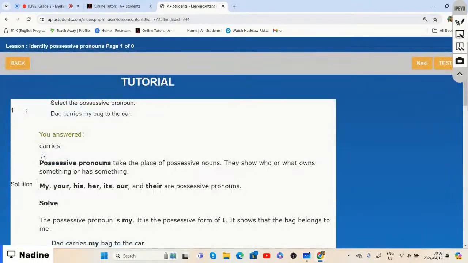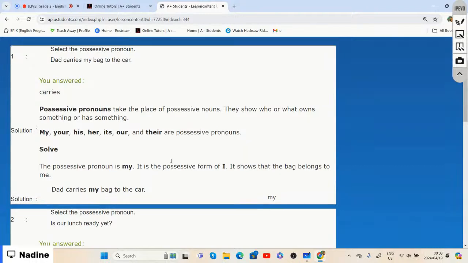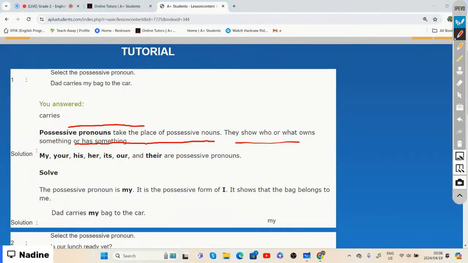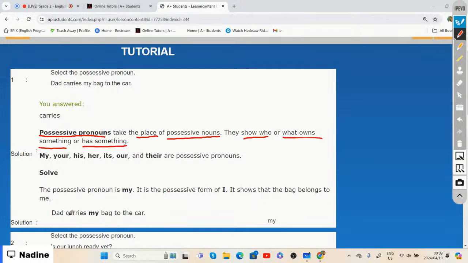So we're going to identify possessive pronouns. Once again, it says possessive pronouns take the place of a possessive noun. They show who or what owns something or has something.